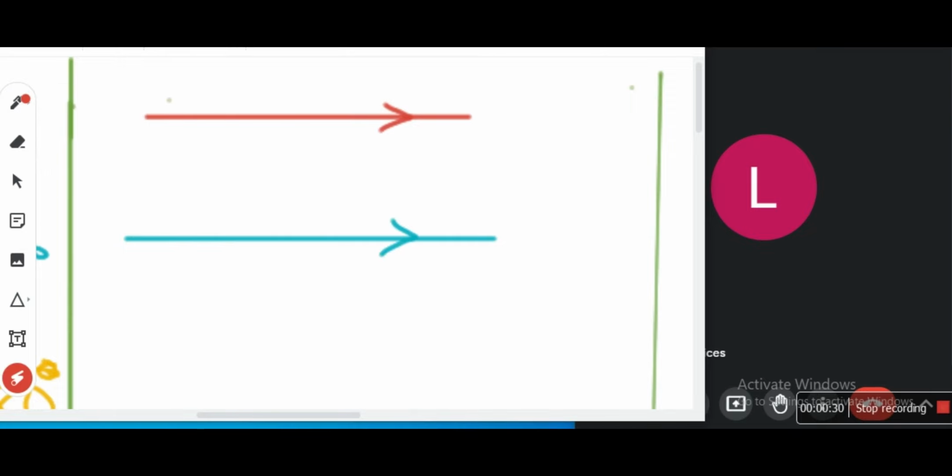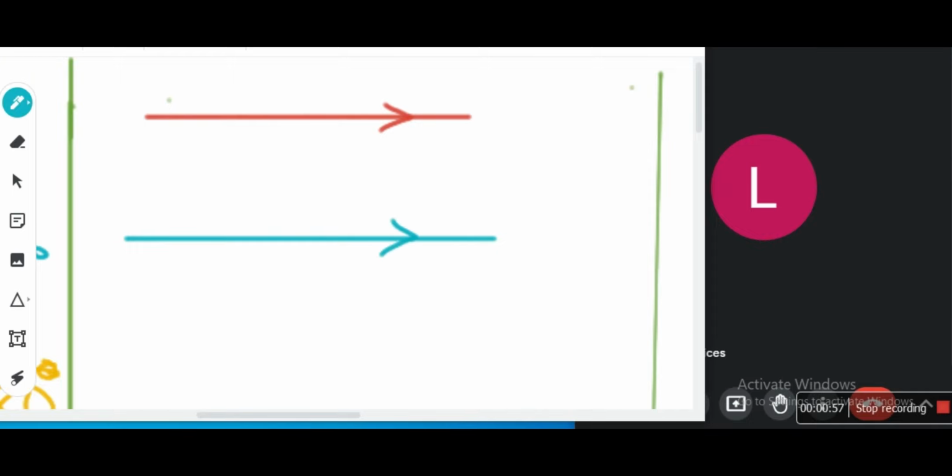If you make here longer, it will never meet. If you make here longer, they will never meet. So they are parallel lines. Now compare it with this line. These two blue lines are not parallel because when you continue, they will eventually meet. Or if you continue backward, they will eventually meet, so they are not parallel.